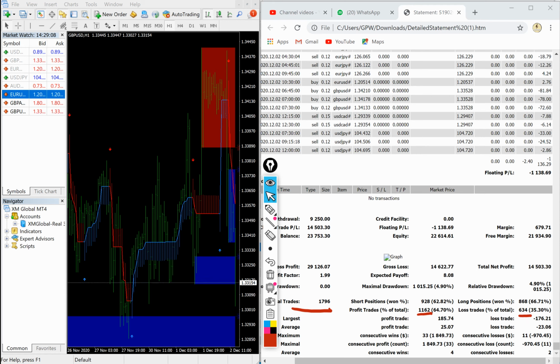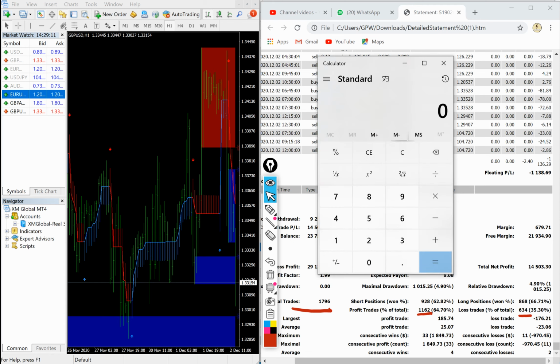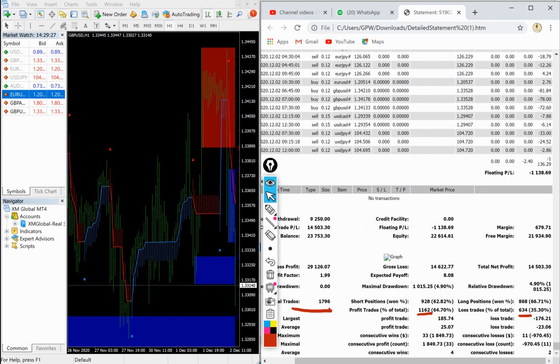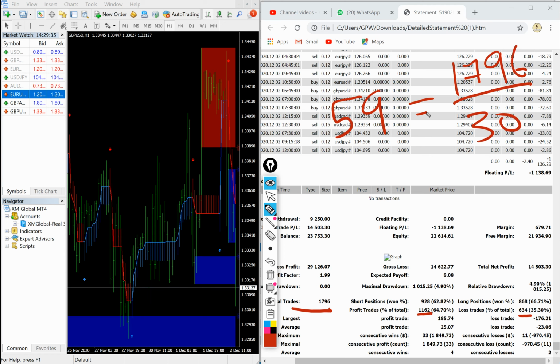Now if we see the per day trading, then 1796 total trades in 30 days means 59 trades per day.